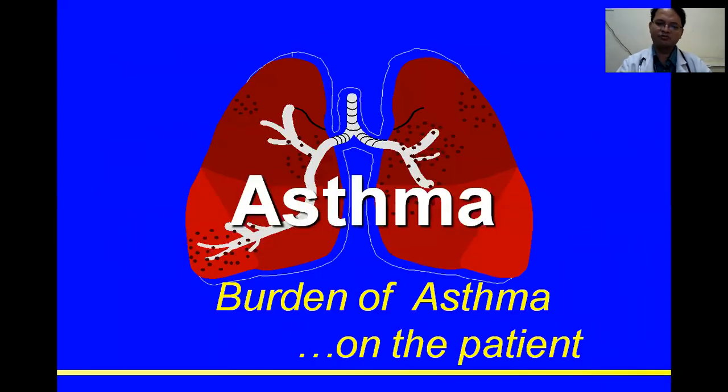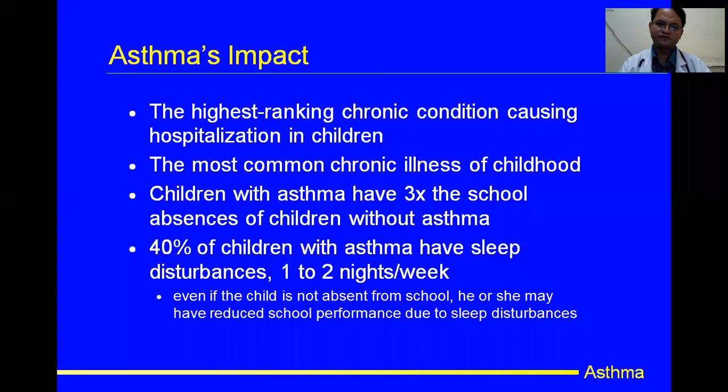What is the burden of asthma on the patient? Asthma is the highest ranking chronic condition causing hospitalization in children. It is the most common chronic illness in childhood. Children with asthma have 3 times more school absences when compared with children who don't have asthma.